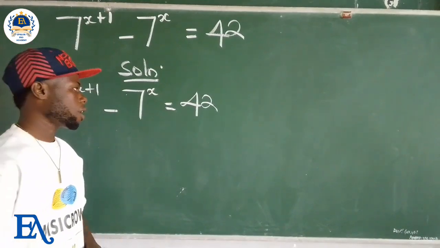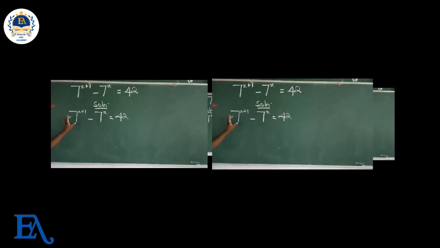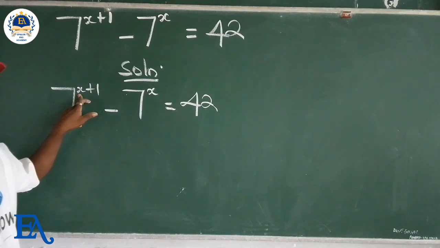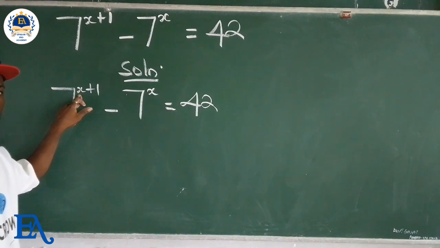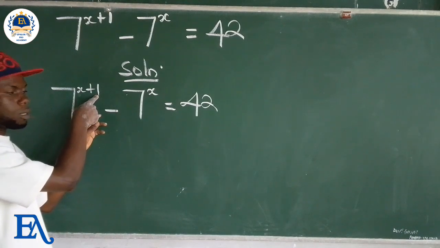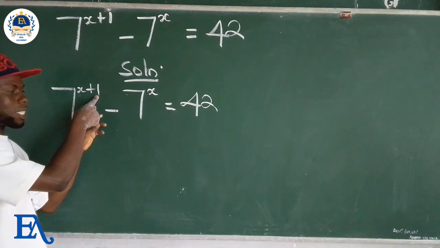Now the first thing we have to obtain is to look at this number 7 with 2 terms as the power. We have 2 numbers or quantities as power.